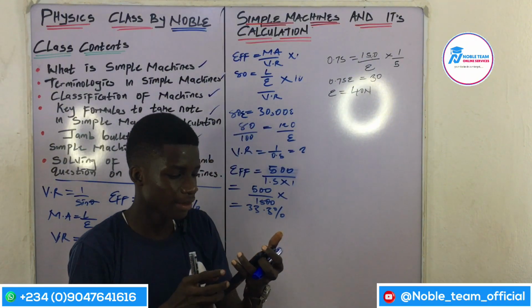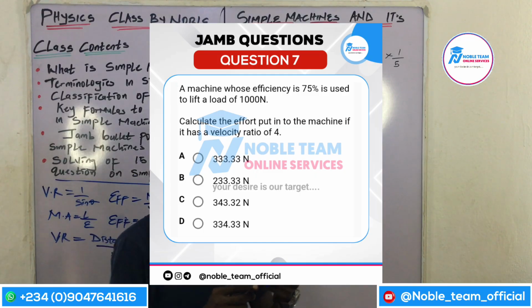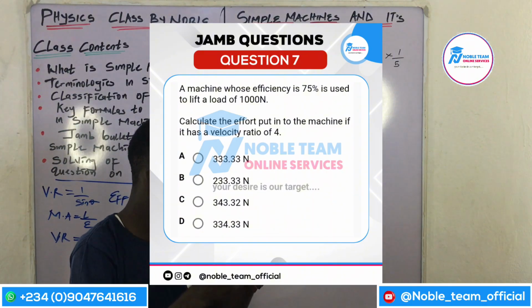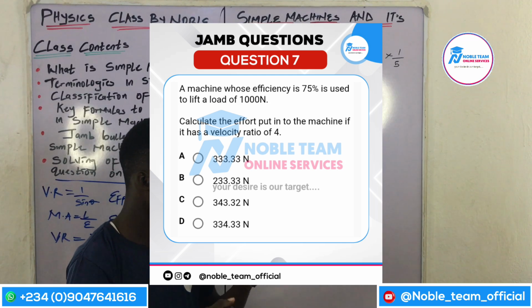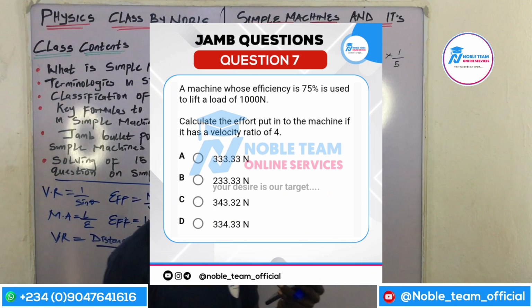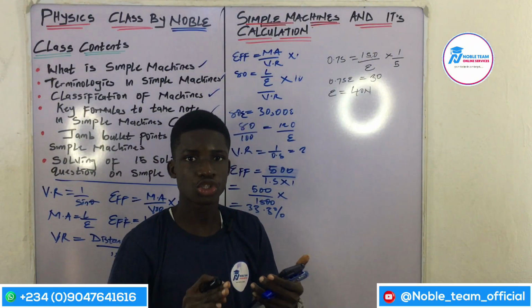Now question 7. A machine whose efficiency is 75% is used to lift a load of 1000 Newton. Then calculate the effort put into the machine if it has a velocity ratio of 4. Now these are JAMB questions, so you don't need to just rush this question.